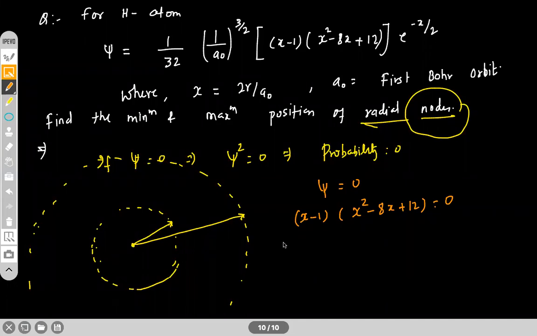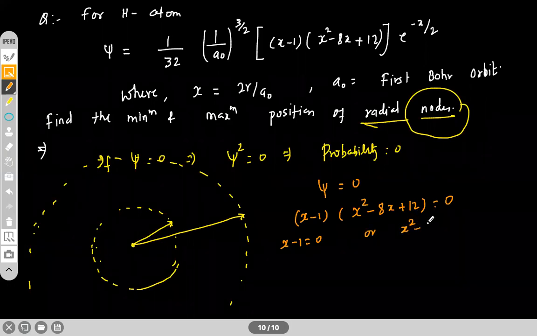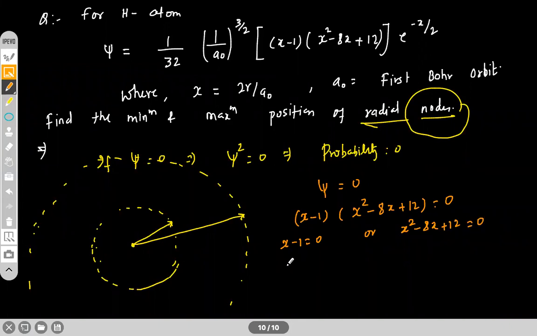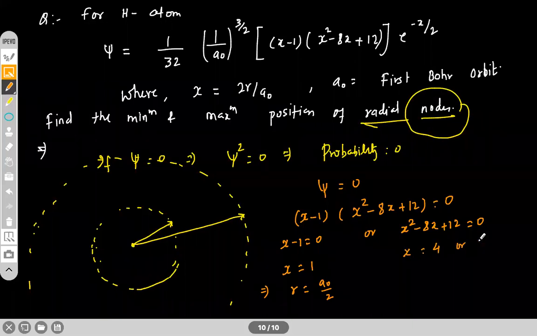Obviously, either x minus 1 equals 0, or x square minus 8x plus 12 equals 0. You solve this, you'll get x equals 1, and x is nothing but 2r by a naught. So r equals a naught by 2. And when you solve this, you'll get x equals 4 or 3.